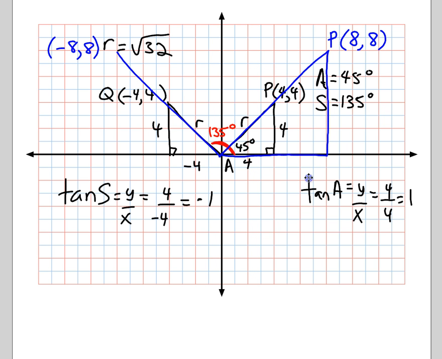Remember that similar right triangles have the same ratio, so it doesn't matter where our point is located on that terminal arm. For a fixed angle, say 45 degrees, the ratio will always be 1. For its supplement, regardless of the size of the triangle, the ratio will be the opposite.